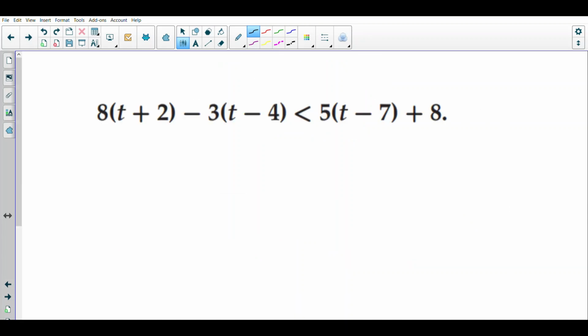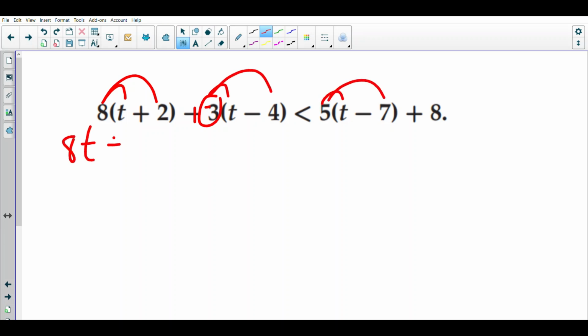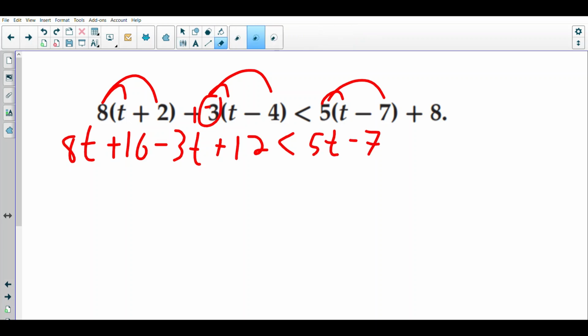All right, let's do another one. I'm just expanding on these problems. First thing is distribute. I'm going to add the opposite, then distribute. There's a lot of distribution to do. We got 8t plus 16 minus 3t plus 12 is less than 5t minus 7. Oh, I forgot to distribute.